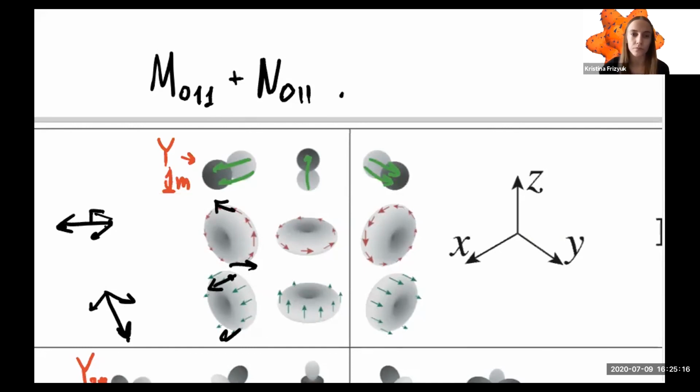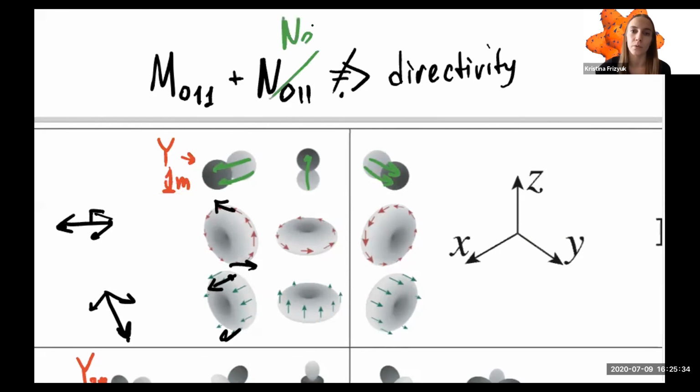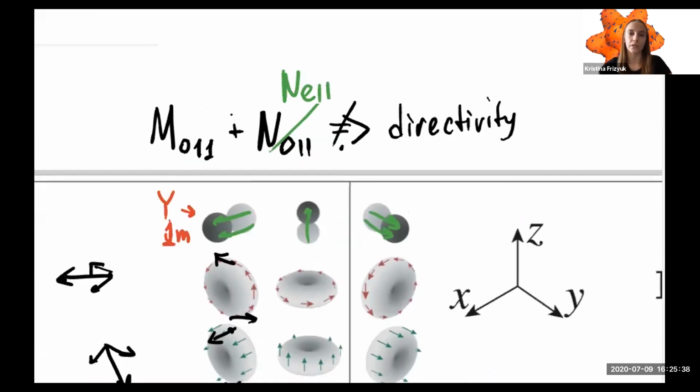So these two guys cannot contribute to the directional scattering, only if they have opposite parity. So here, when we talk about dipoles, one of these should be along X and one along the Y axis to give a contribution to directivity.